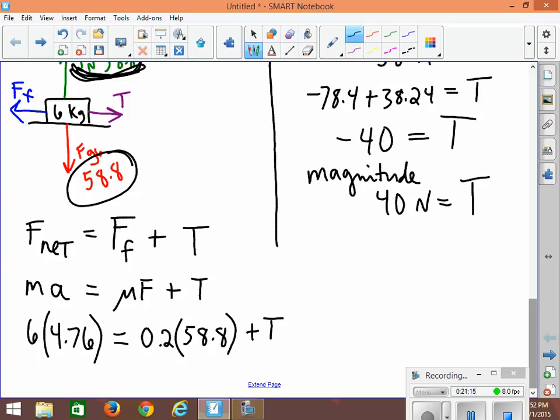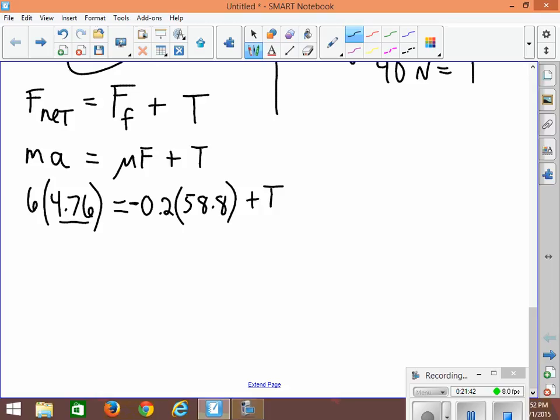Now, the frictional force is again acting in a negative sort of way, so we better make sure we tell the math that that blue arrow is pointing to the left. It's resisting the motion, so we know that. But the tension arrow, well, we're going to find out. The math is going to tell us what sign goes with it. But notice that the acceleration is positive because it was positive before, it still is. So we leave that the way it is.